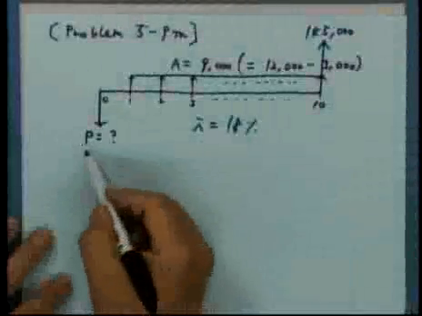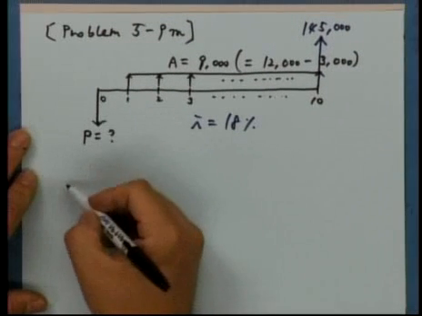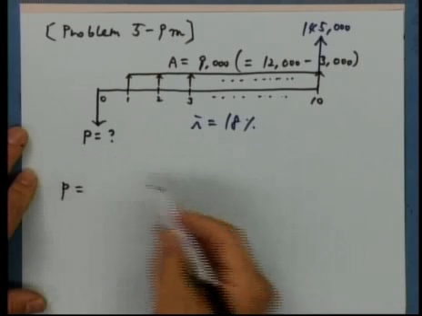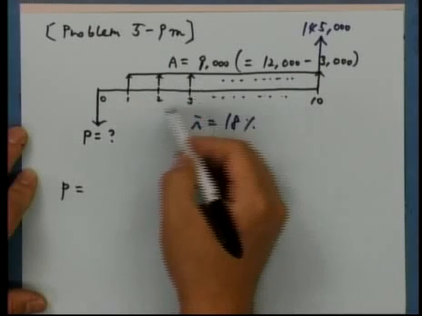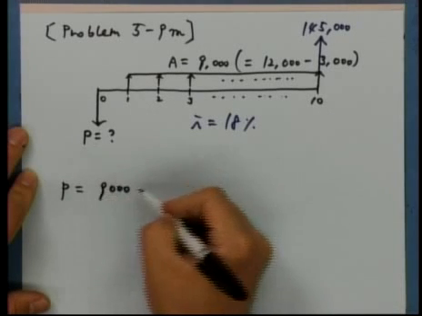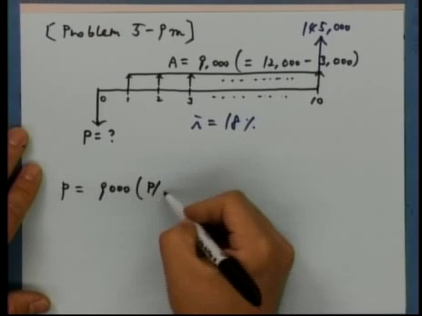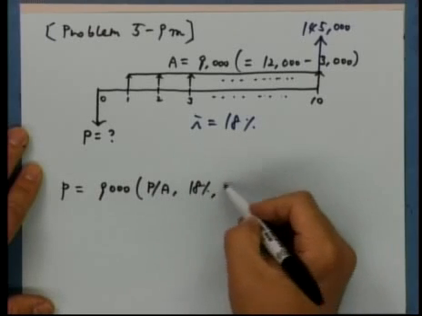So how do you get this P value, the present sum of money? That's going to be the summation of the uniform series of $9,000 over 10 periods. So 9,000 times P given A, 18% over 10 periods.